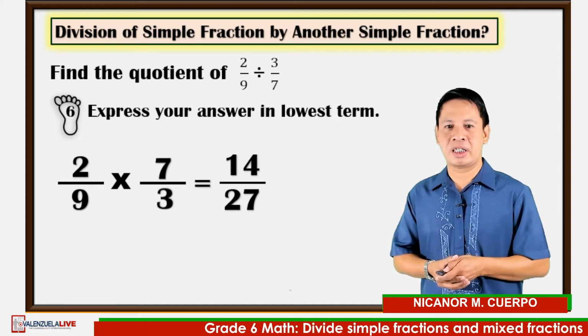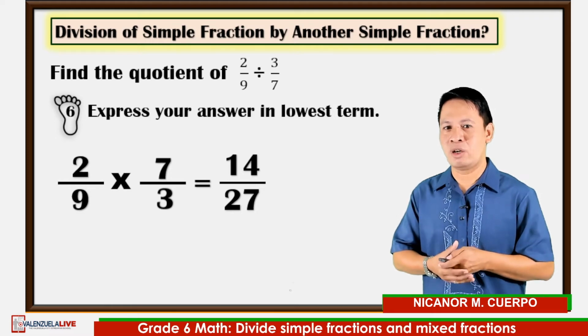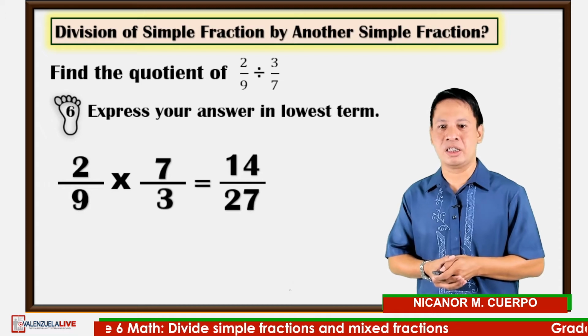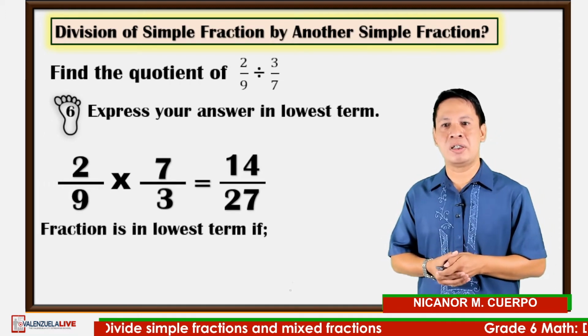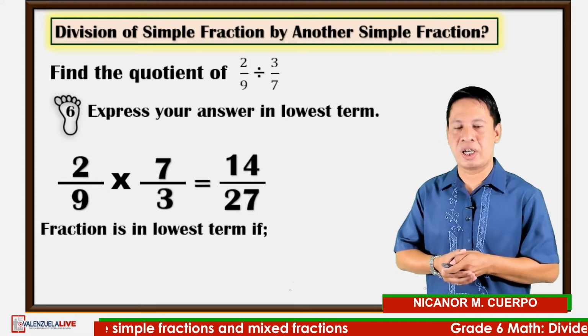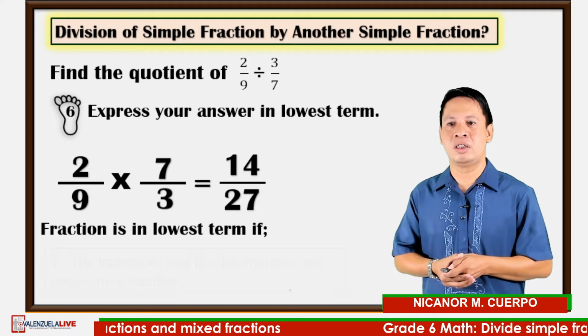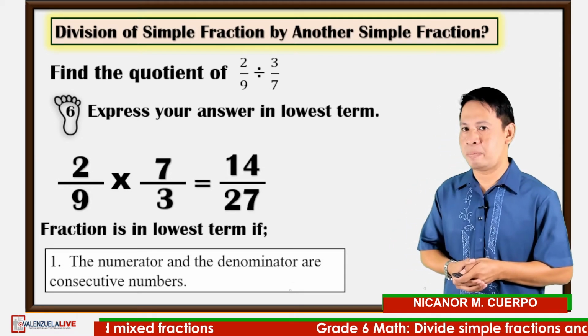Do you think that your answer is in its simplest form? By the way, how do you know if a fraction is already in its lowest term or simplest form? A fraction is in lowest terms if it satisfies one of the following conditions. Number 1, the numerator and the denominator are consecutive numbers.